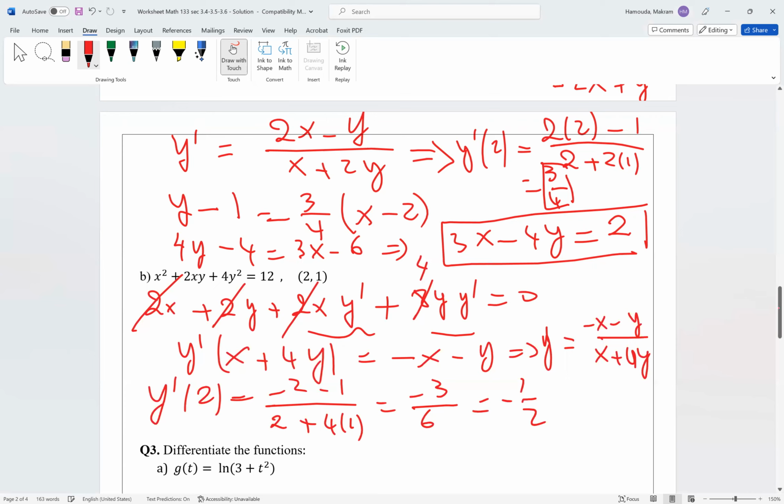Okay, so the equation will be y minus 1 equal to minus half times x minus 2. Just multiply by 2 to simplify the equation.